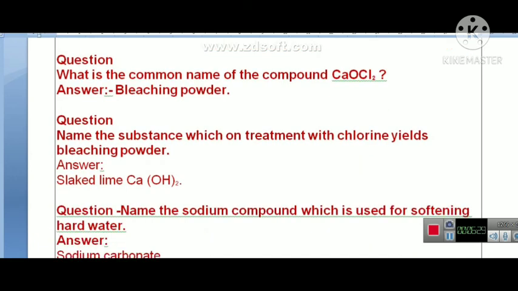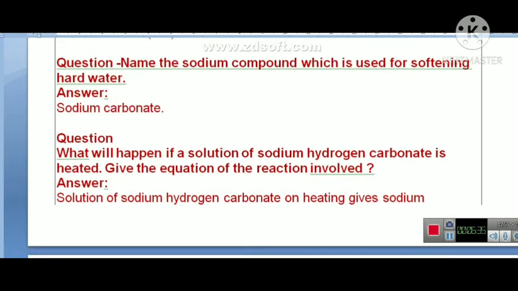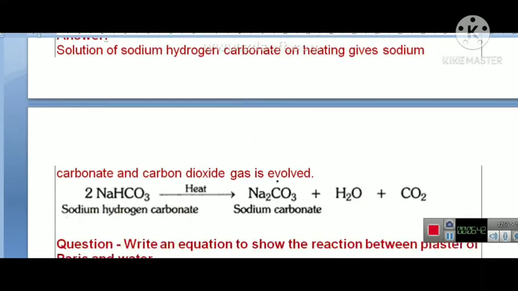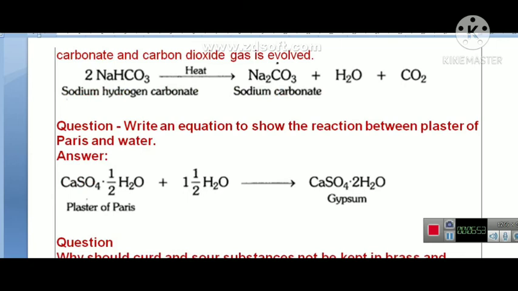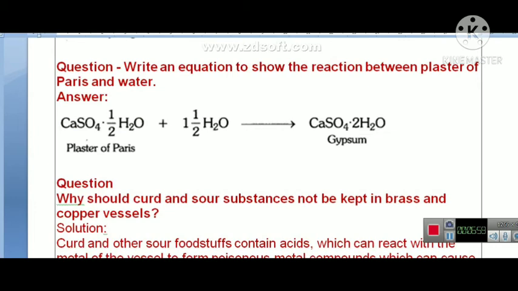What is the common name of the compound? Name the sodium compound which is used. Sodium carbonate. So, here you will see this reaction and its statement: when sodium hydrogen carbonate is heated, it right.